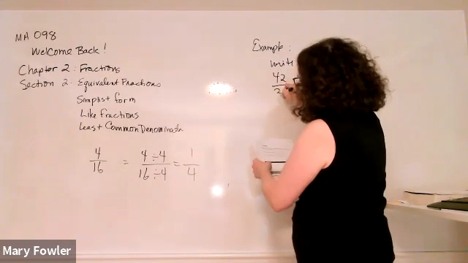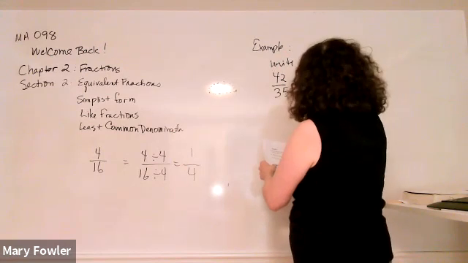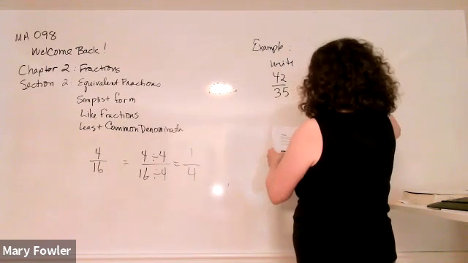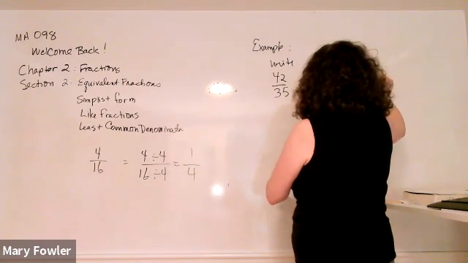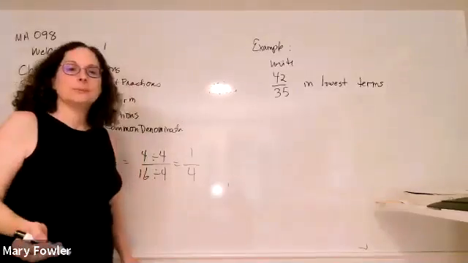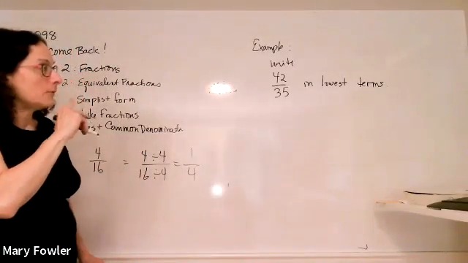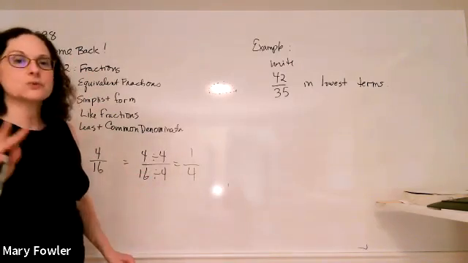Okay, so what we want to do is write 42 over 35 in lowest or simplest terms, simplest form or lowest terms. So this is one way to do it.